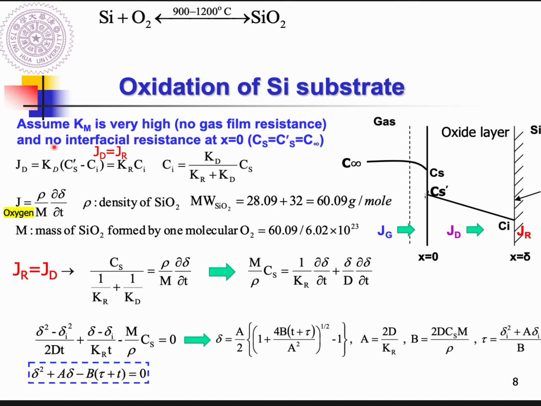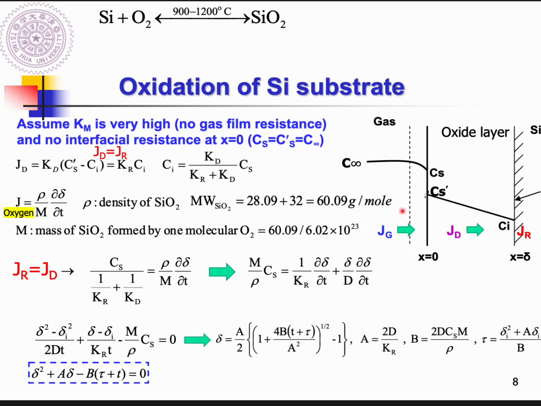We also assume there's no interfacial resistance at x equals 0. No interfacial resistance means Cs equals Cs prime. So now this equals this equals this, and we try to simplify our situation. There's no concentration gradient here, so we don't have Jg. So now we have Jd equals Jr, and we write Jd equals Jr like this.